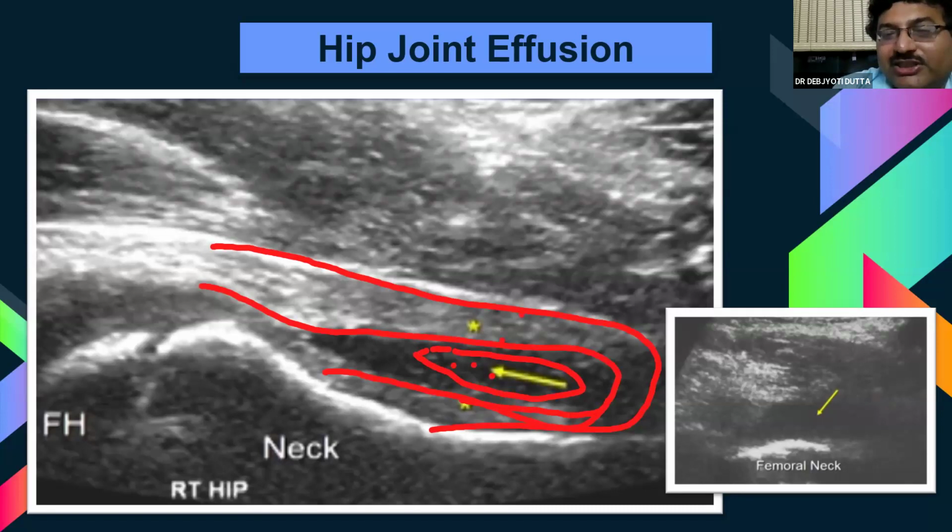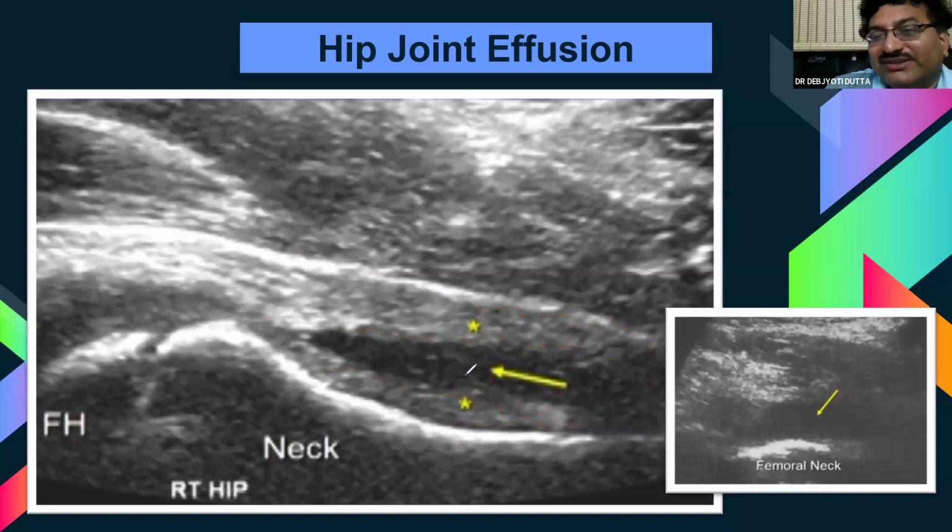So you can aspirate, you can send for culture sensitivity and routine examination, and if required, if it is a non-infective case, you can inject steroid here as well. And that we commonly do. So this is the area. This is one of the procedures in the hip joint, most complicated. So we have to learn this technique, finding out this area and needling this area as well.